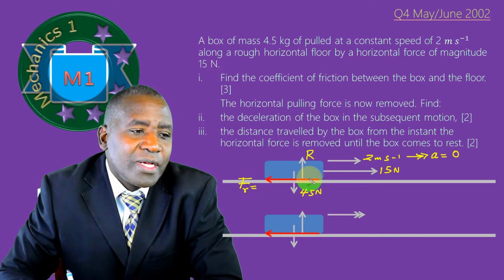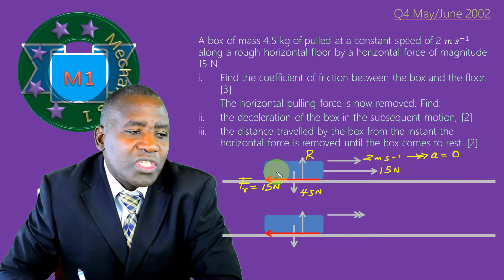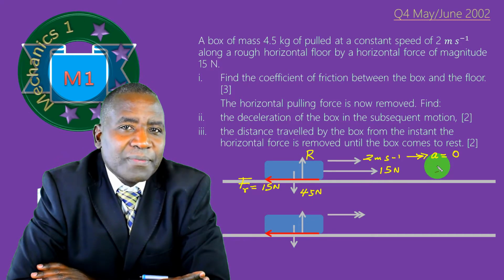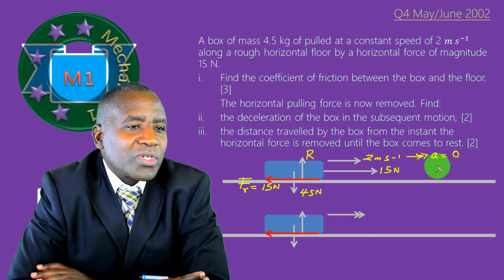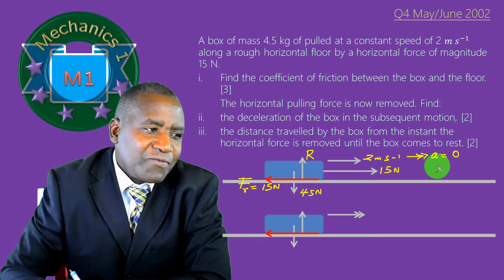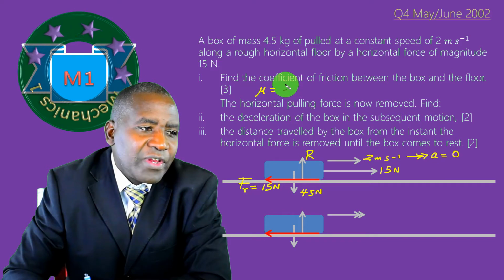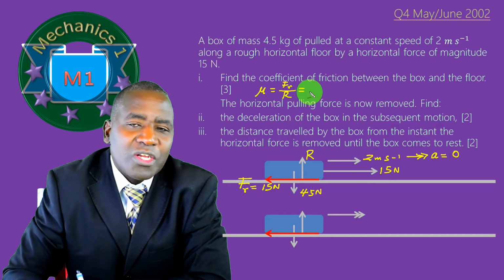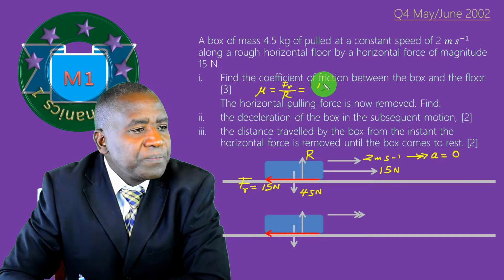And it should have the same value of 15 newtons for the resultant force in that direction to be 0. You see the argument? Now let's look at the question. Find the coefficient of friction between the box and the floor. It's very easy. Coefficient of friction, mu, is given by frictional force divided by the normal component of the contact force. The friction force is 15 newtons.